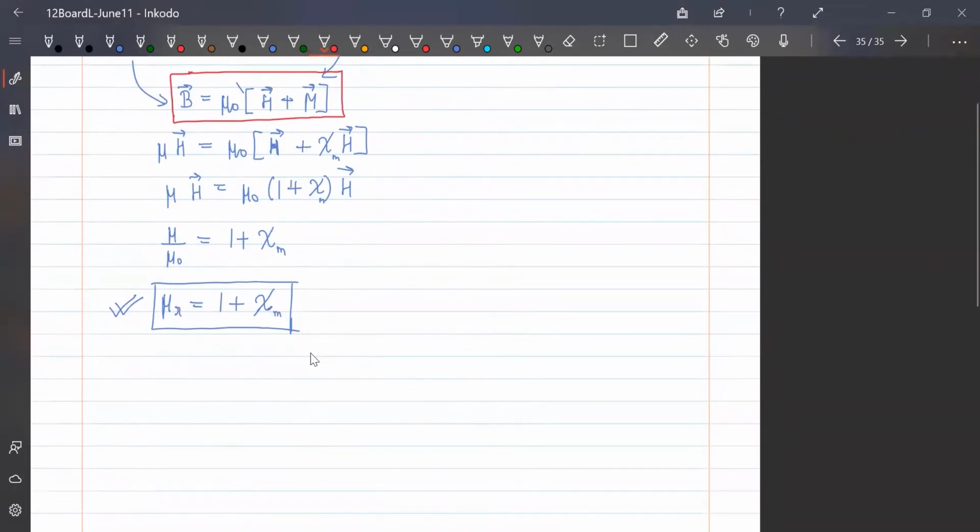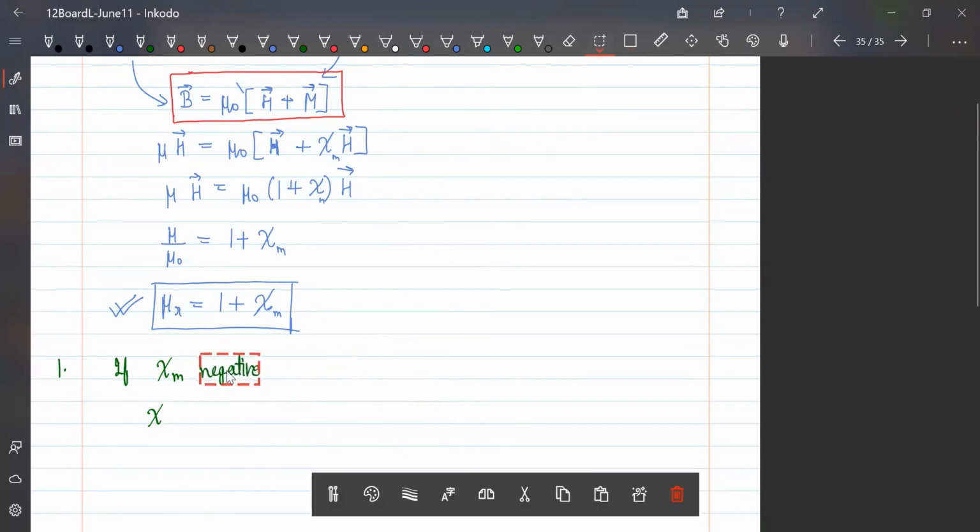Okay, now based on xi, there are properties of substances that are named. If xi m is small and negative, that is, we don't write small, we only write negative, xi m is negative.